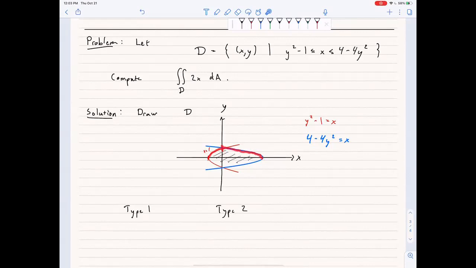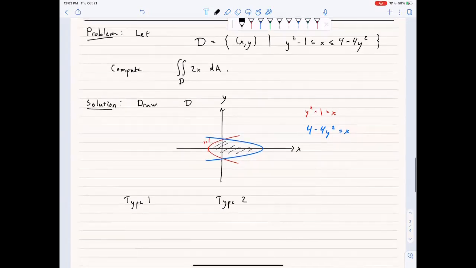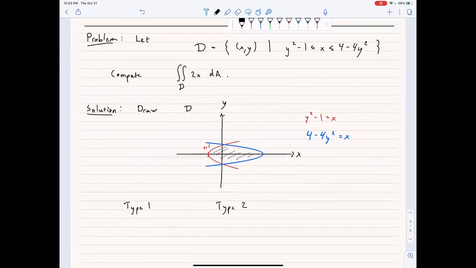It's continuous, but not a very nicely defined function. Whereas for type 2, you have the blue upper boundary and the red lower boundary, so you already have this expressed in terms of functions. However, you are left with having to find the constant bounds of the y coordinate.